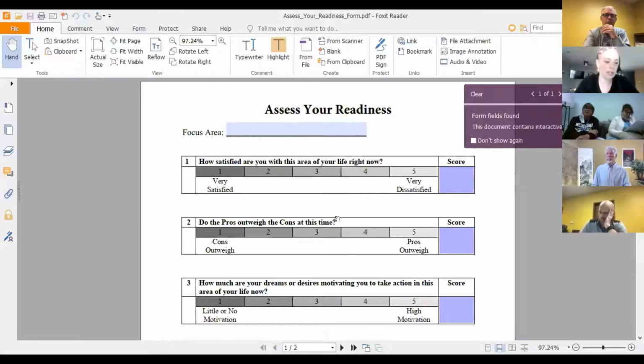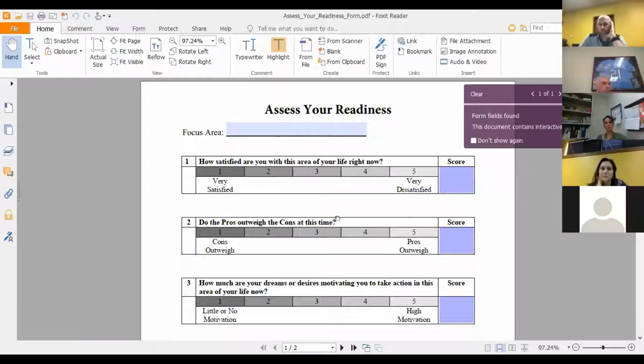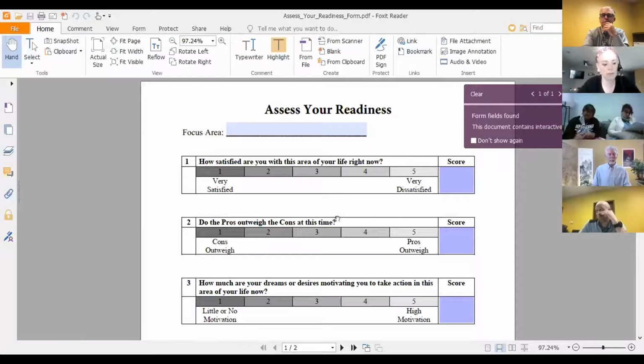So we're going to assess that one area that you feel that you want to focus on. Perhaps it's not the weakest area like we talked about. Maybe it's something that you just want to see if it's the right time to change, maybe a few areas to work on.